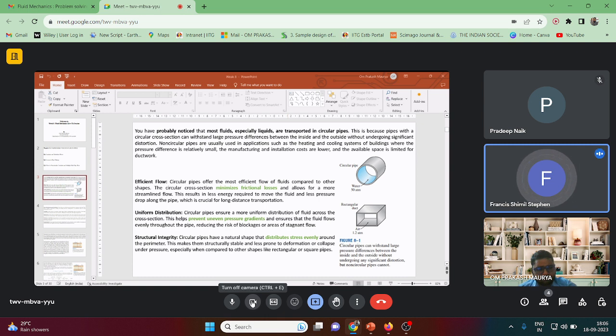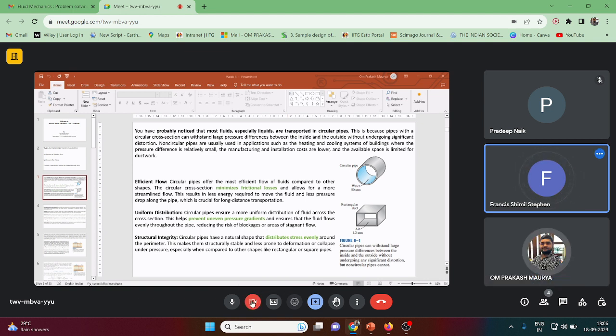If the repeating variables are M, L, T, and we select three variables, should they collectively contain length, time, and mass?